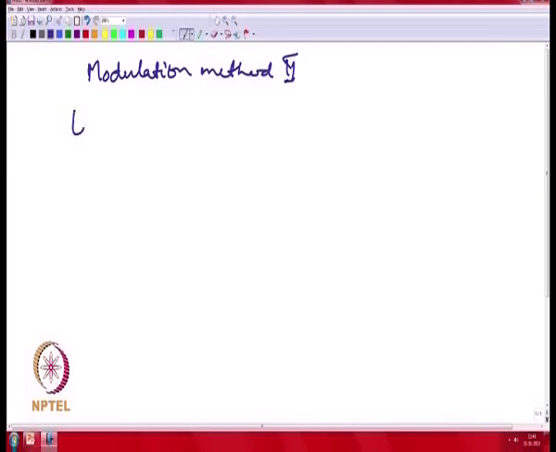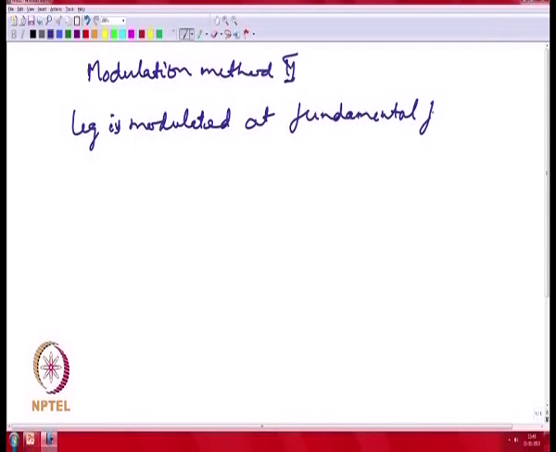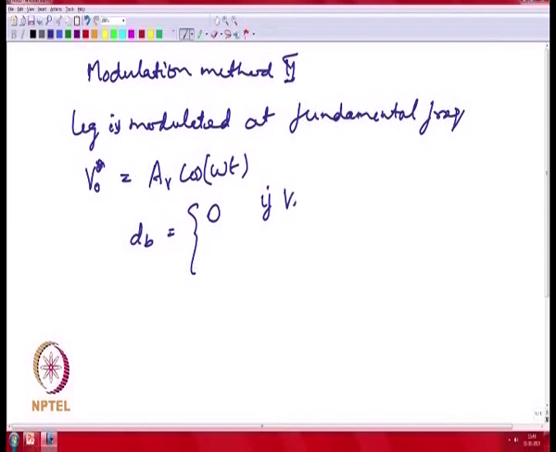So, if your leg B is modulated at the fundamental frequency, which is 50 hertz in our case, and if our desired output voltage was of the form AV cos omega t, then essentially what we would have is dB could be a signal which would be 0 if VO star is positive and 1 if VO star is negative.